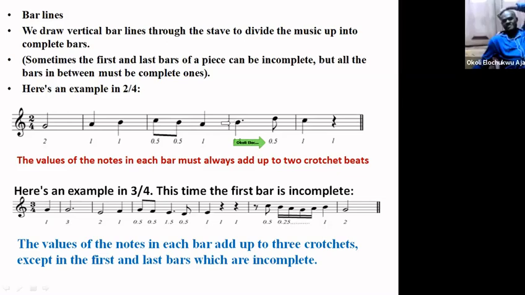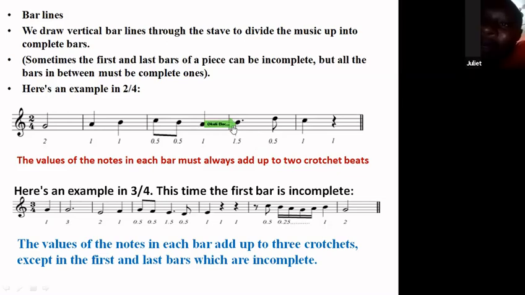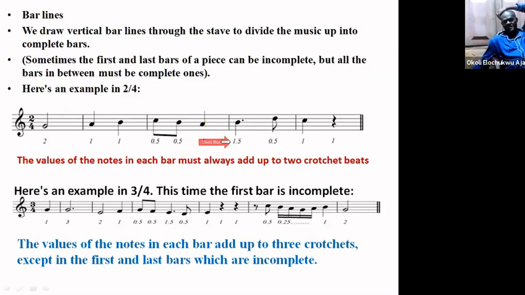This dotted crochet here is 1.5, you see 1.5 here? It is 1.5 because it is dotted. 0.5 is half. 0.5 plus 0.5 is 1.